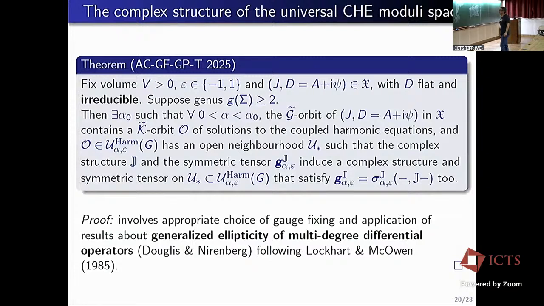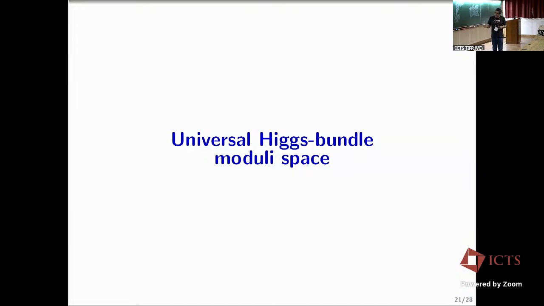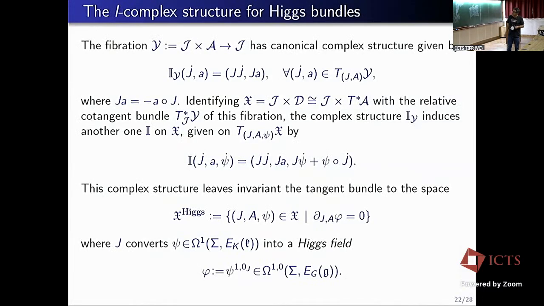Okay. So now our third moduli space is similar to the one for flat connections. In this case, we want the analog of the I complex structure in Nigel's paper. How do you construct it?